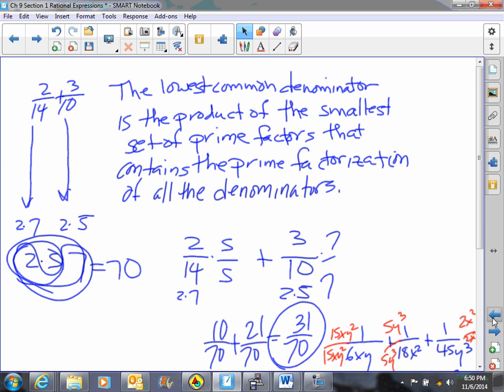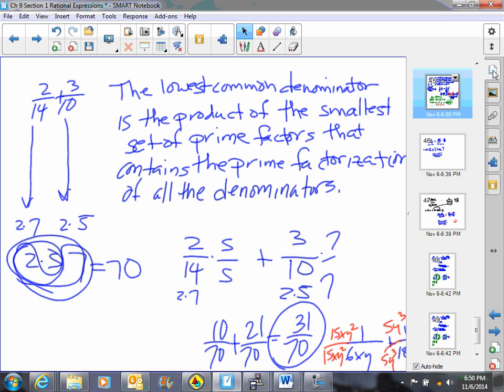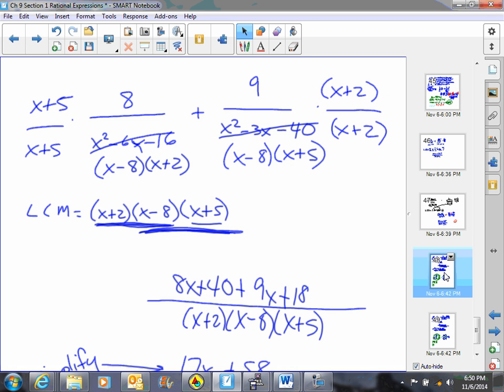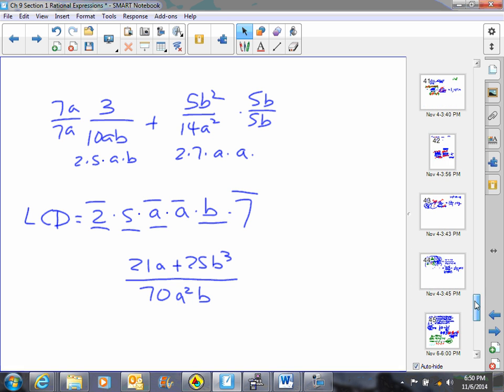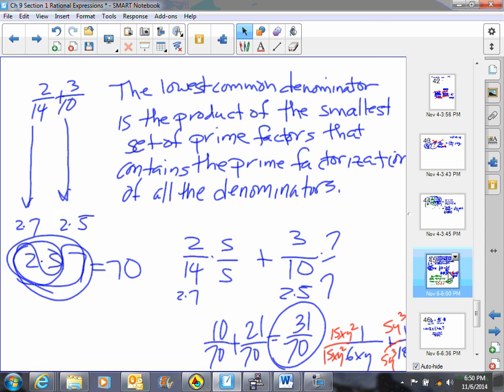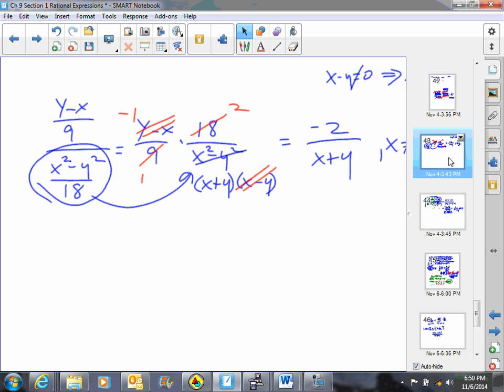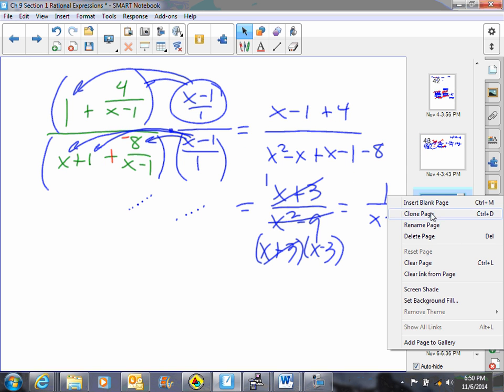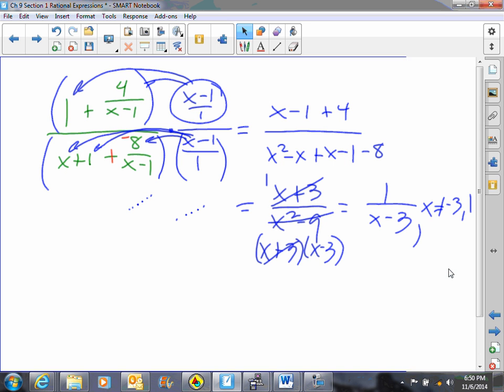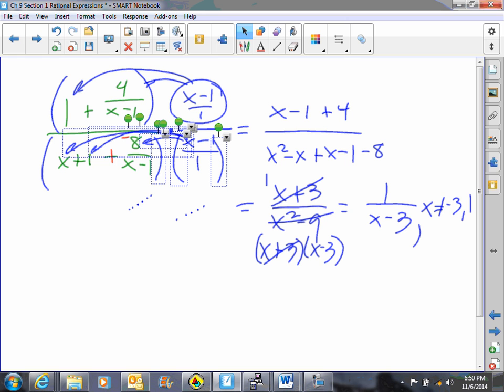Let's try this again. Where are we going here? Oh, there it was. That's the one I want to clone. Okay, now it is cloned. Oh, no, that's not the one I want to clone.